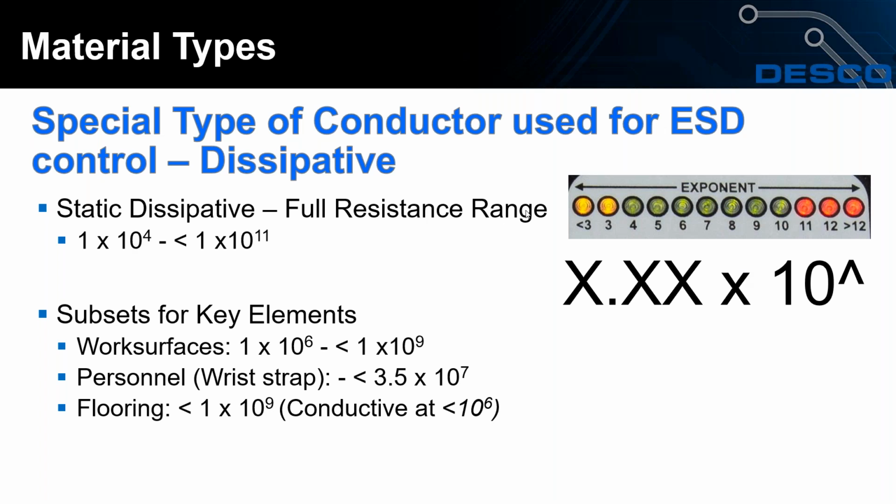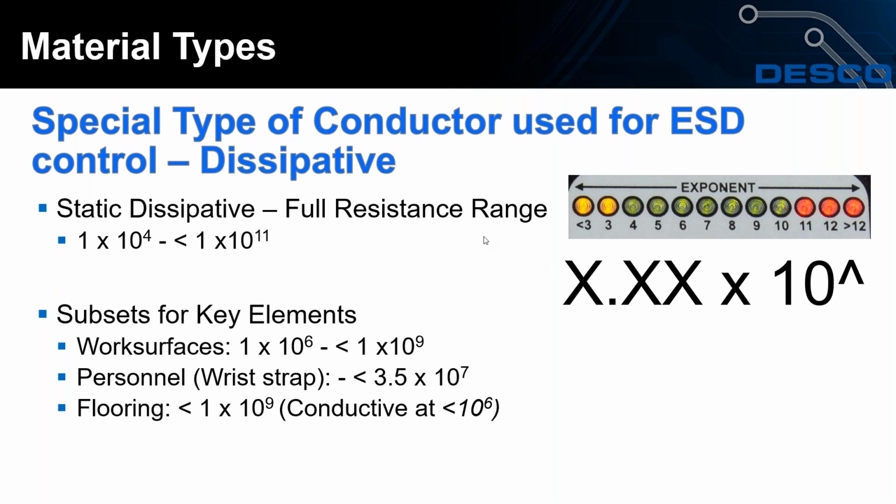So for instance, an ESD work surface, we need that material to be less than 1 times 10 to the 9th. That means if I set a charged IC on that ESD work surface, it will completely dissipate that charge away safely. Now, the standard also recommends that a work surface have a lower range of greater than 1 × 10⁶.